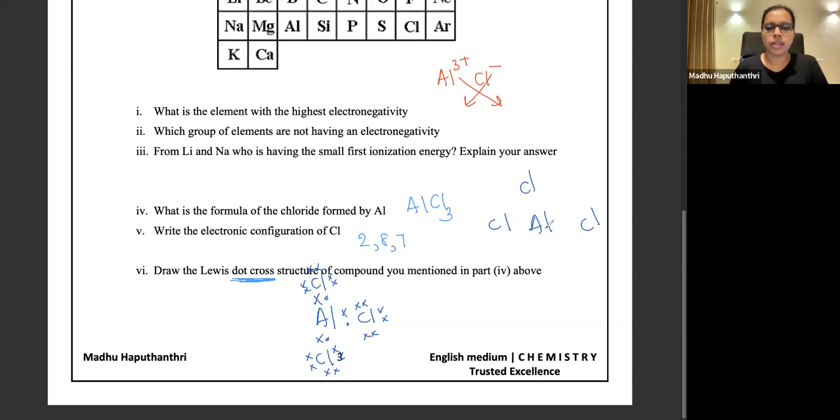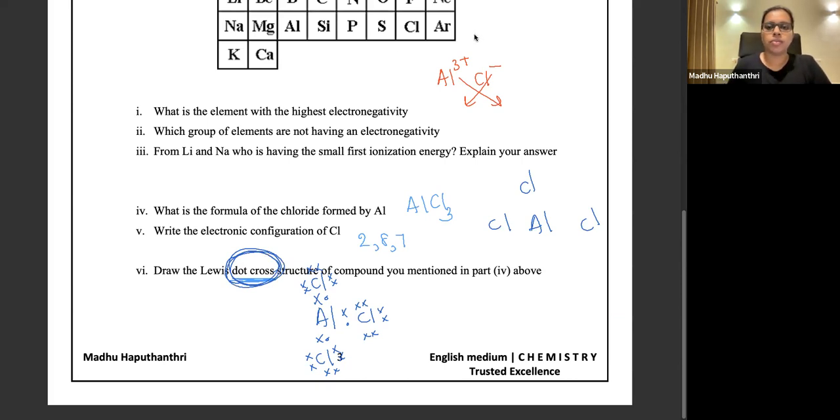Arrangement is all right. The idea is that between each chlorine and aluminium, a single bond is there that should be denoted using a dot and a cross. Around each chlorine, there has to be 3 lone pairs. And essentially, dot cross structure I'm asking for, right? Dot cross structure.